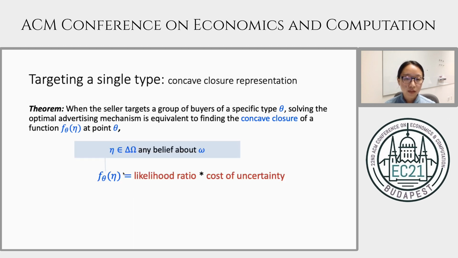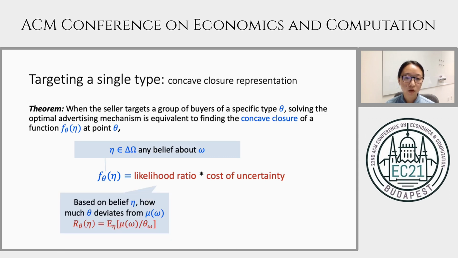So this function f is defined on all possible beliefs. It's the product of two components. The first component is what we call the likelihood ratio. It basically represents how much the buyer's belief theta deviates from the marginal distribution of omega based on a belief eta.